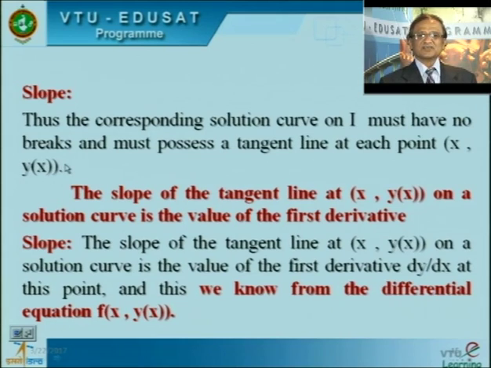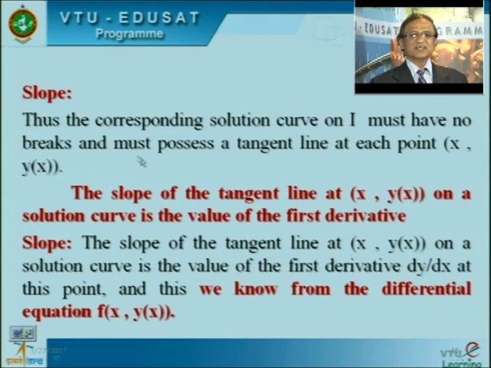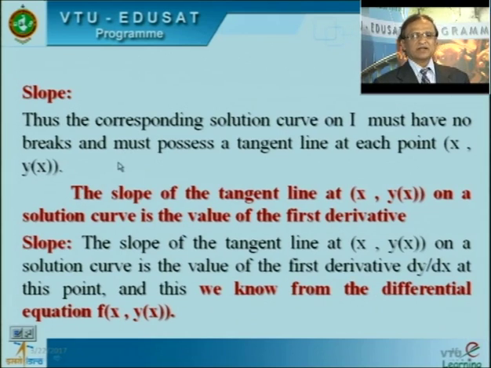Thus, the corresponding solution curve on I must have no breaks. I said that the solution curve must be continuous. Continuous means it should not contain any breaks or gaps. It must possess a tangent line at each point, where each point means x comma y of x. So, that is the geometrical meaning of differentiation.